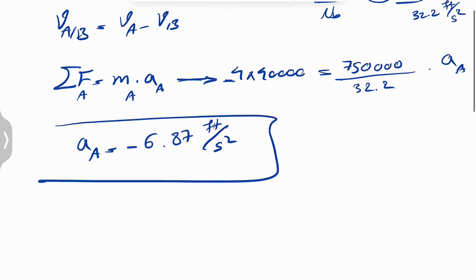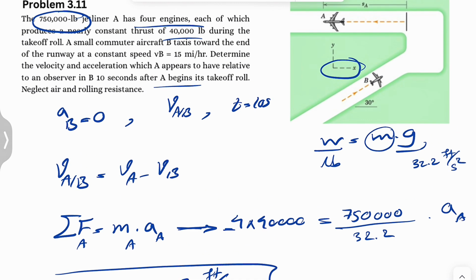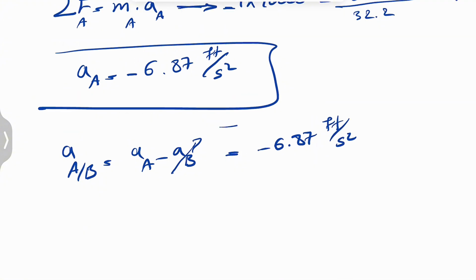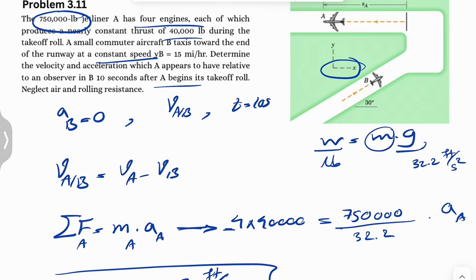Now that we have the acceleration, as we talked about, the acceleration of A relative to B would be the acceleration of A minus B, and B is going with a constant speed, so its acceleration would be 0. So the relative acceleration would be 6.87 feet per second squared. That's going to be our relative acceleration, the second part, the acceleration of A, that's going to be the answer.